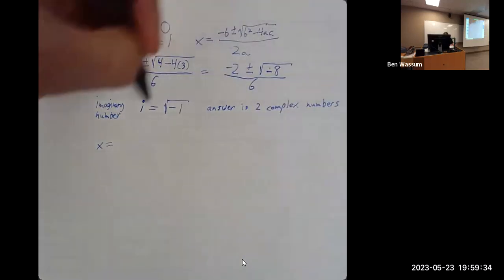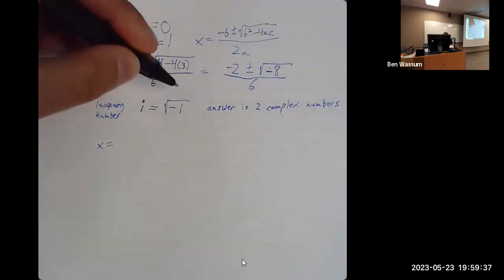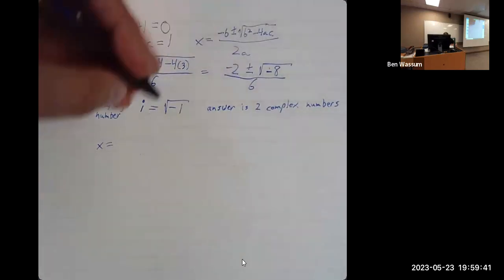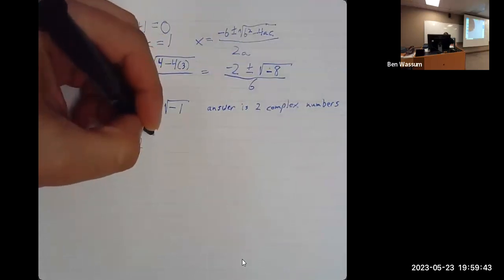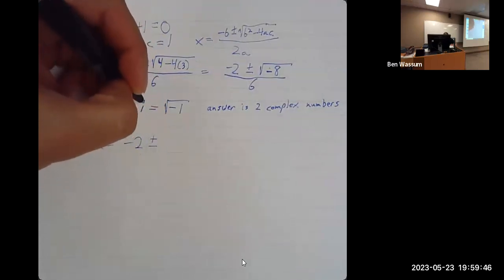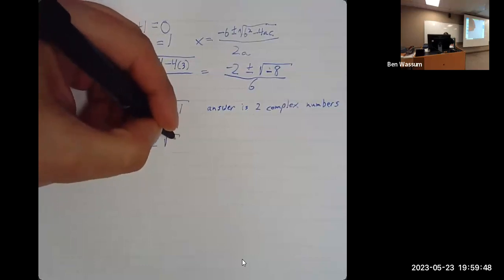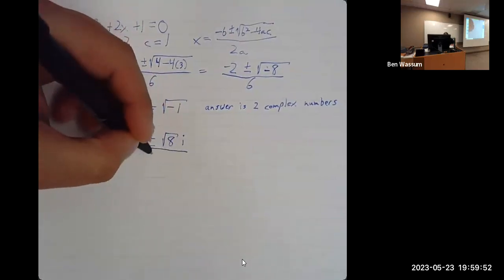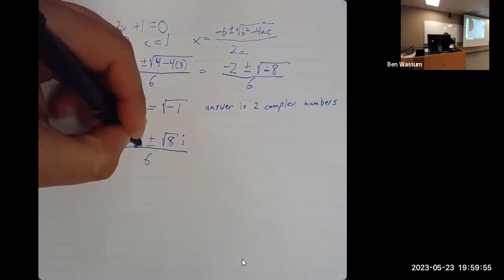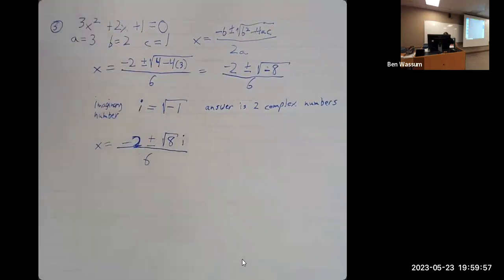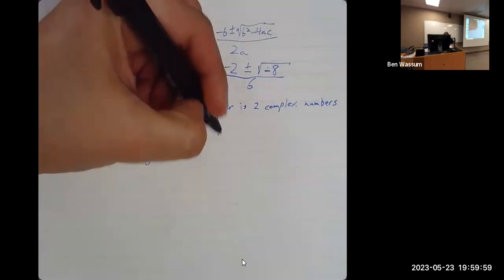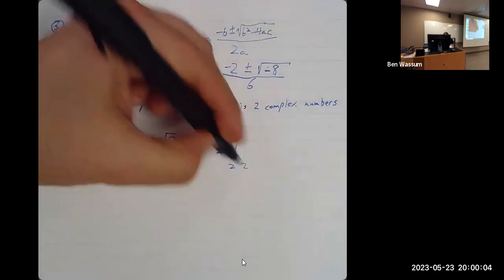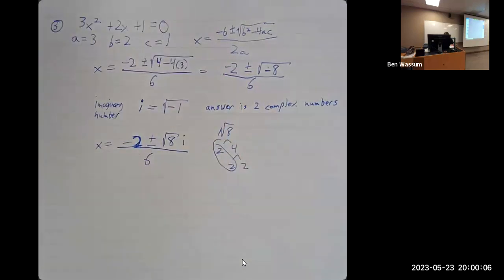So what we're going to do is just take this at face value, and we're going to try to clean up that square root of 8. I'm going to show you what to do there. With that i, all I'm really going to worry about is the square root of 8. Now the square root of 8, a 2 can come out.